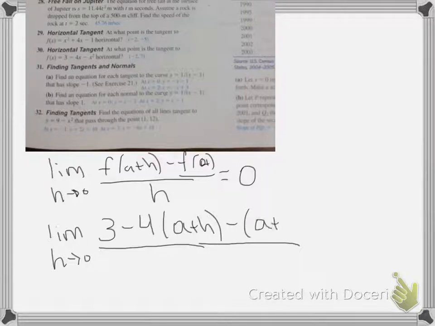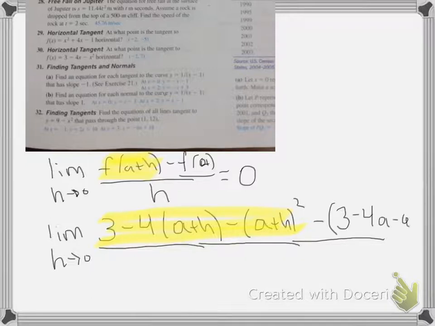X is a plus h. All of that is just this portion, f of a plus h. I have to keep going with the rest of it, minus f of a. I'm going to put that in parentheses, and I hope it'll fit. F of a is just replace all of the x's with an a, so this will be 3 minus 4a minus a squared. Just got it to fit.